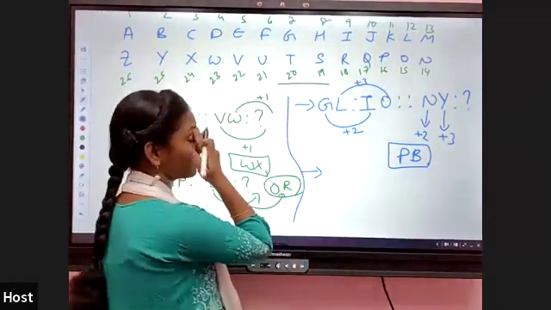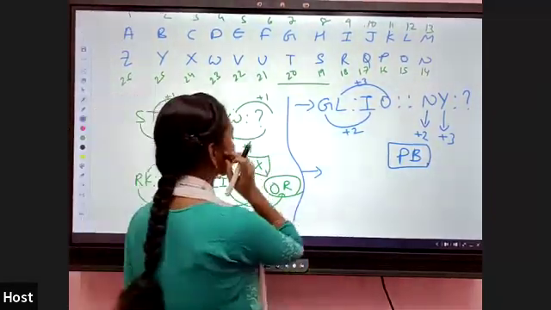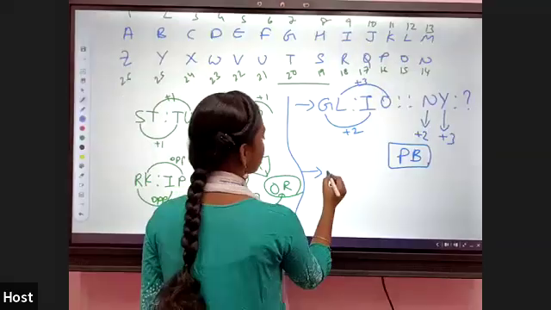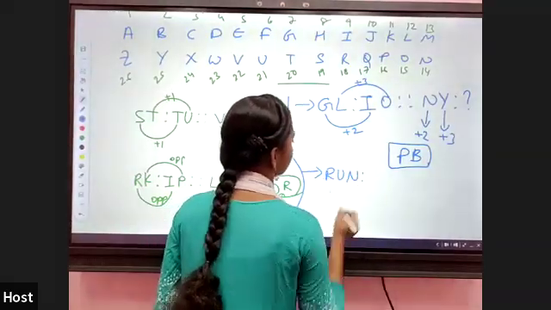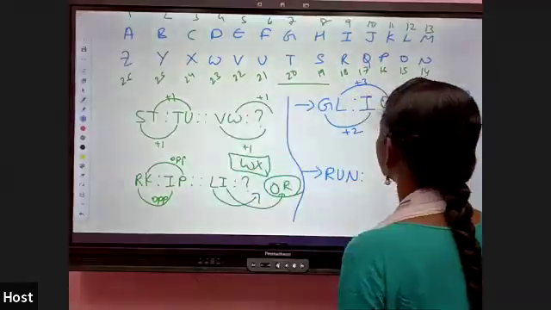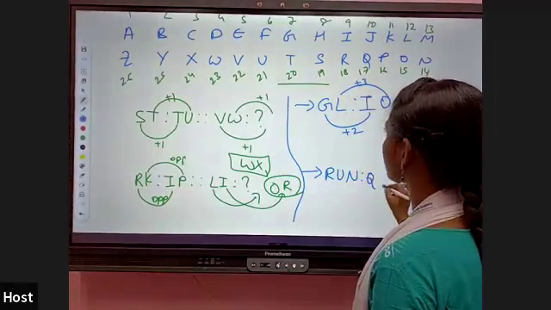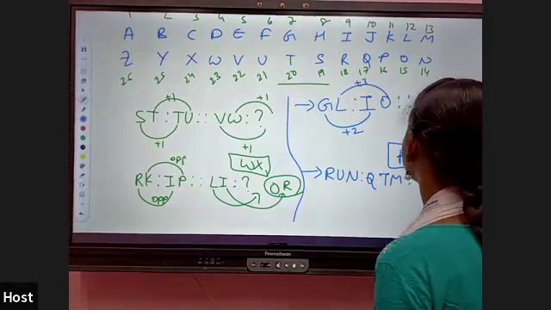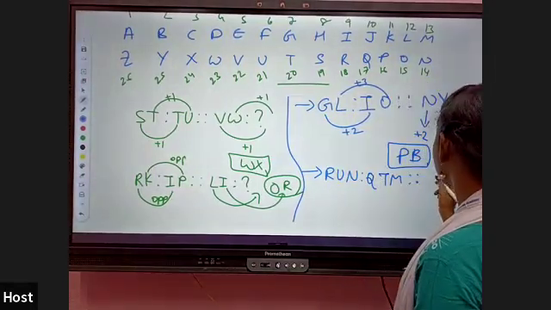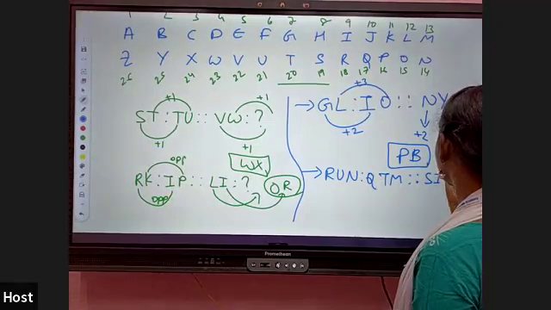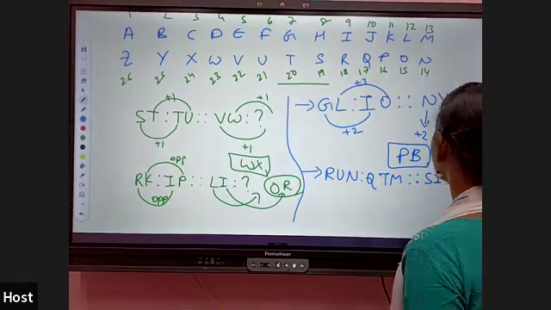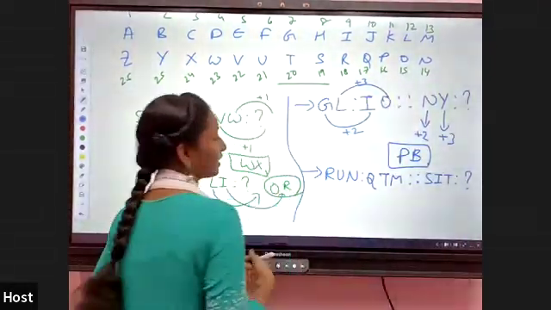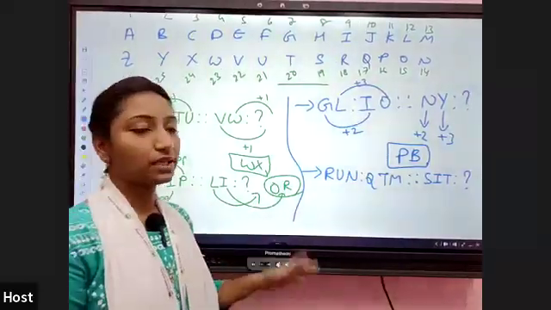So let us do the three-letter words. Here the code for RUN is QTM.